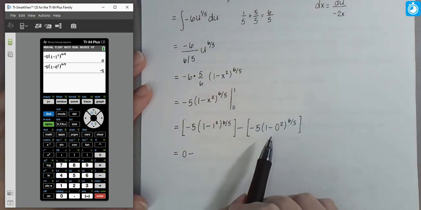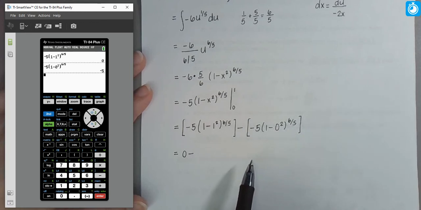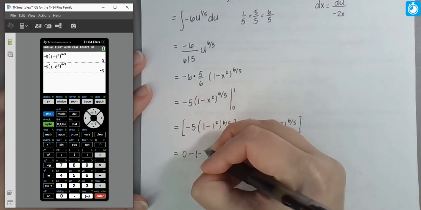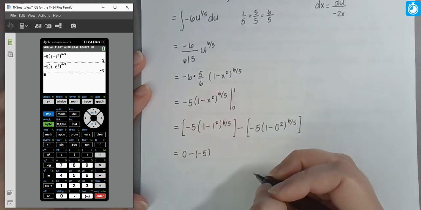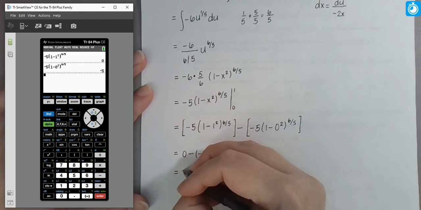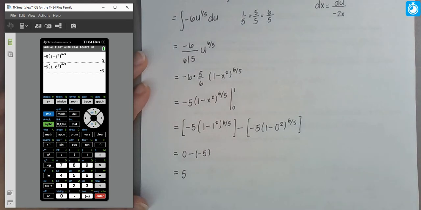Well, 0 squared is just 0. 1 minus 0 is 1. 1 to any power is still just going to be 1. So 1 to the 6/5 power is just 1. Times negative 5 is negative 5. And so those double negatives will change to an addition. So our final answer is going to be 5.